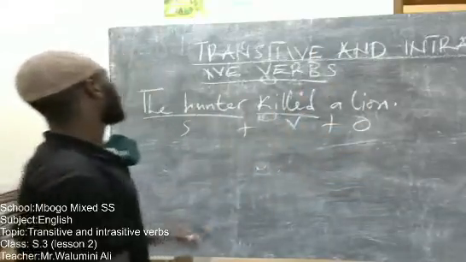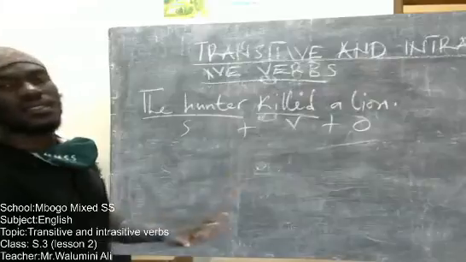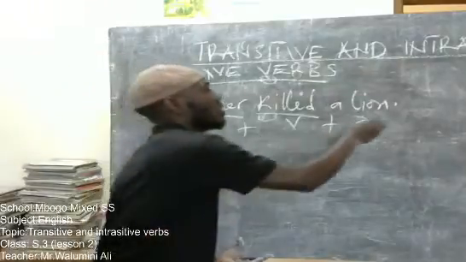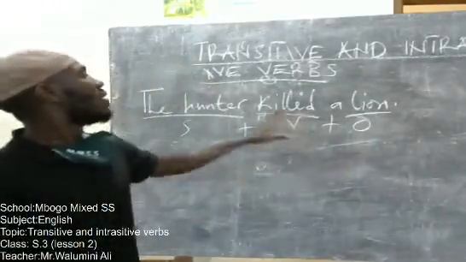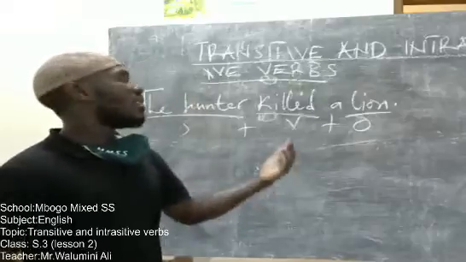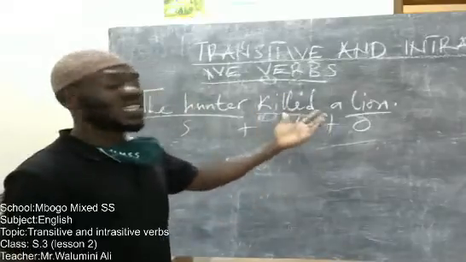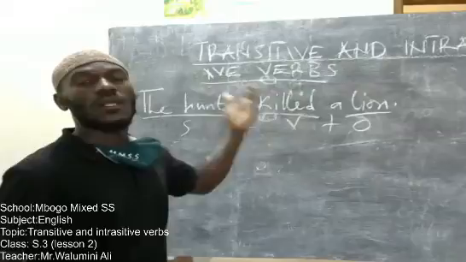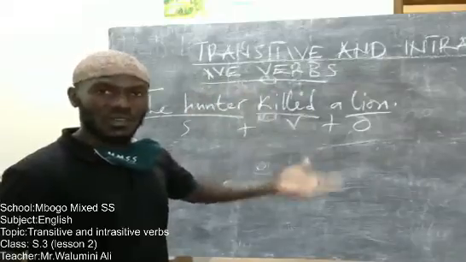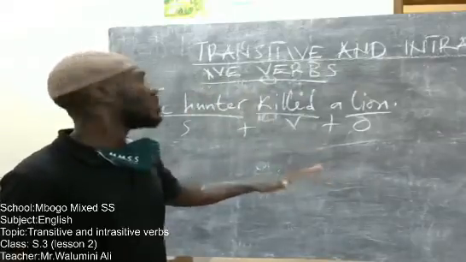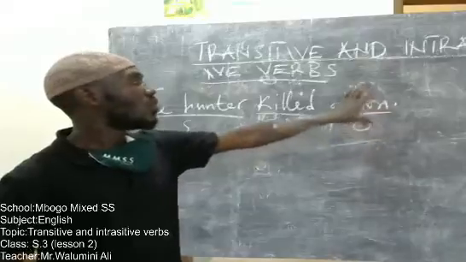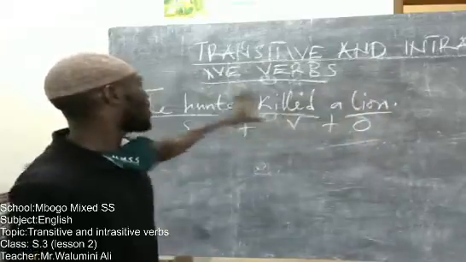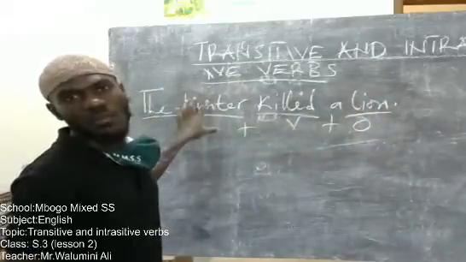See? So we said in our previous session that to turn a sentence like this into a passive voice sentence, you have to switch the positions of the object and the subject.